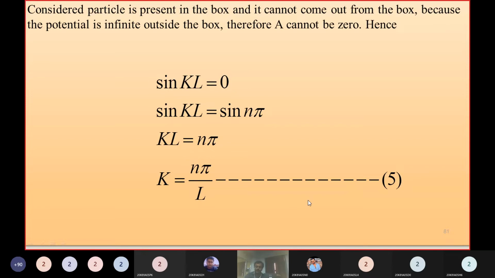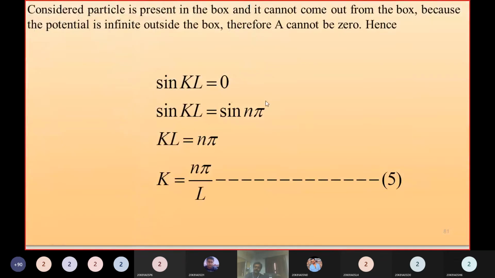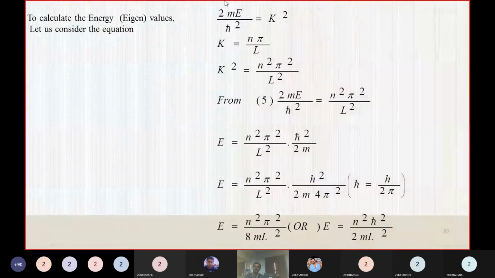Already we know that previously we took k square is equal to 2mE by h cross square.